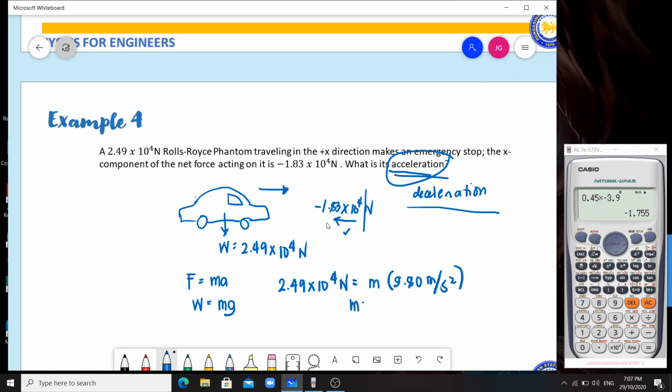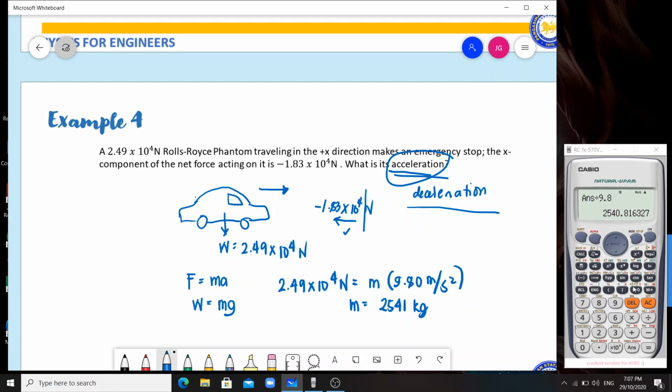Okay, so ang mass ni car is equivalent sa 2,541 kilogram. Okay. Yan. Now, alam na natin si mass, so we can actually substitute it here.